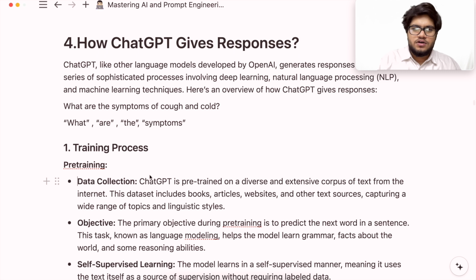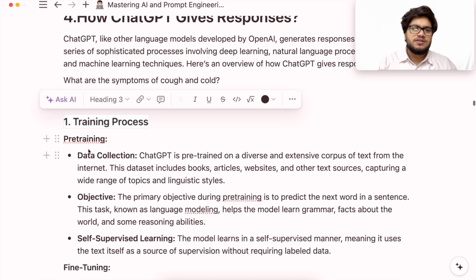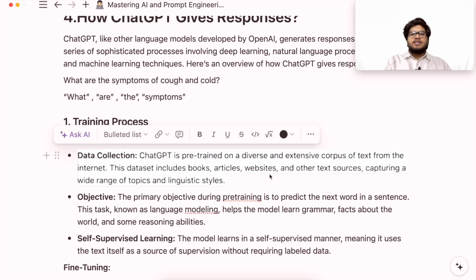Now when tokenization is done, the first process is the training process. Pre-training is done, with data collection. ChatGPT is pre-trained on a diverse and extensive corpus of text from the internet. The dataset includes books, articles, websites, and other text sources, capturing a wide range of topics and linguistic styles.